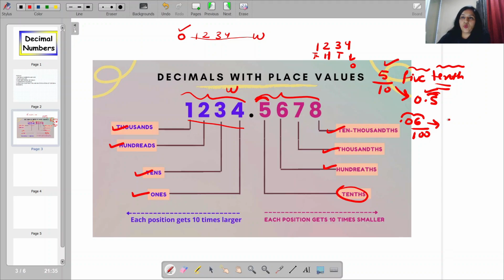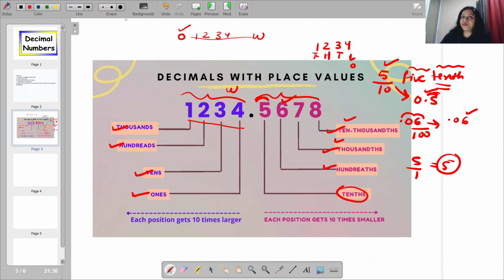It is 0.06. Is it the second digit to the right? That's what we are saying. The second digit to the right is hundredths. In a similar manner, the third digit to the right is thousandths and then ten-thousandths. Why are we not having ones-ths? Because division by 1 gives you the same value. It is not a decimal number. It is just a whole number.